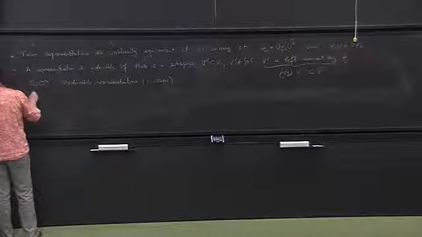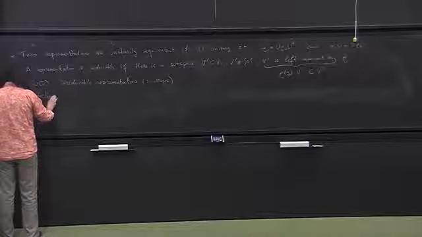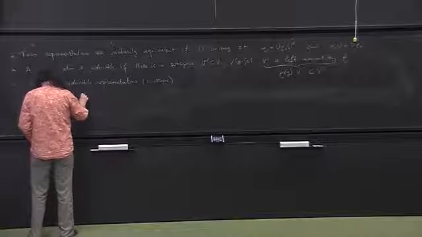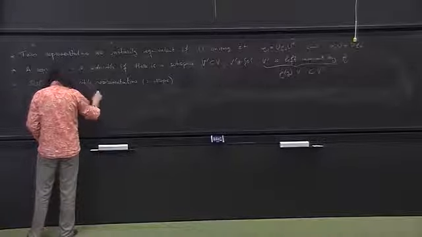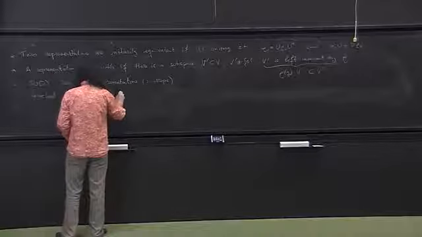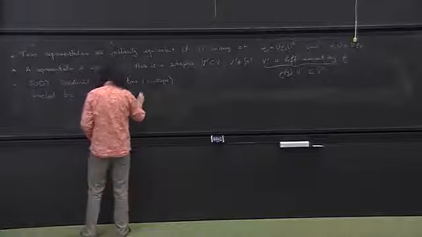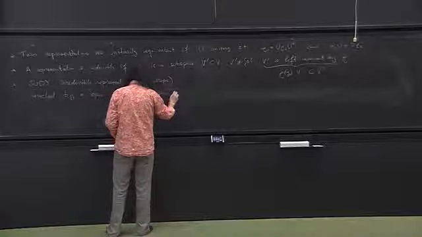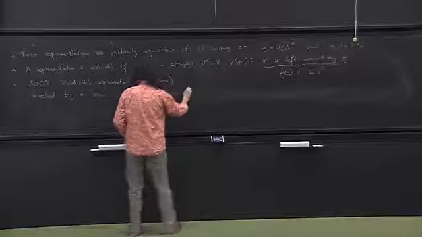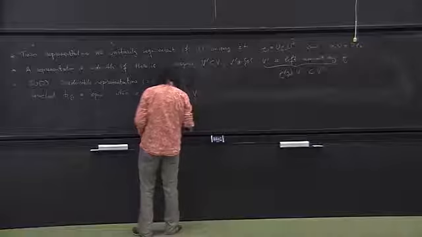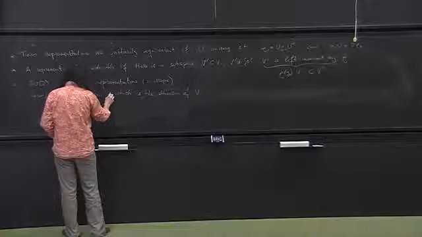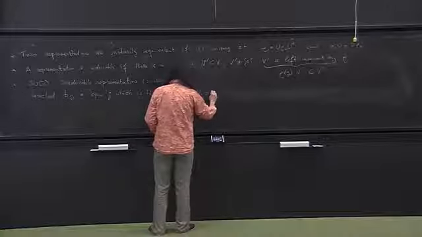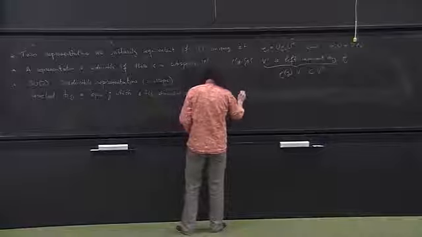They are labeled by a spin, which we denote j, and the dimension of V_j is 2j plus 1, where j is a half integer.